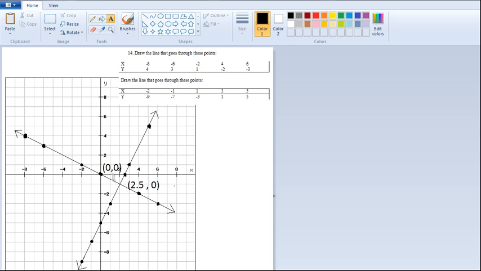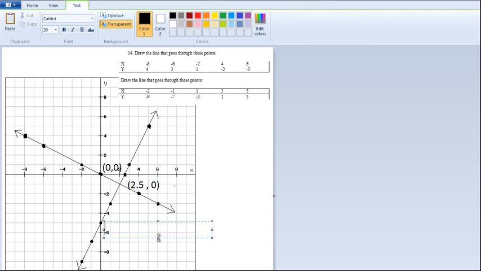Well, the x value is going to be 0 because it's here. And the y value, here it's -2, -4, -6. It's in between, so it's -5. So we have x is 0 and y is -5.